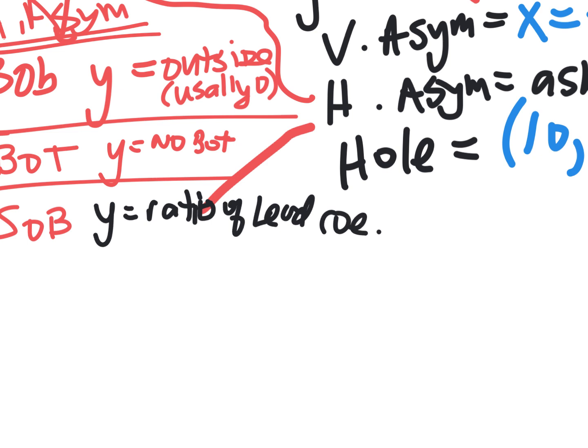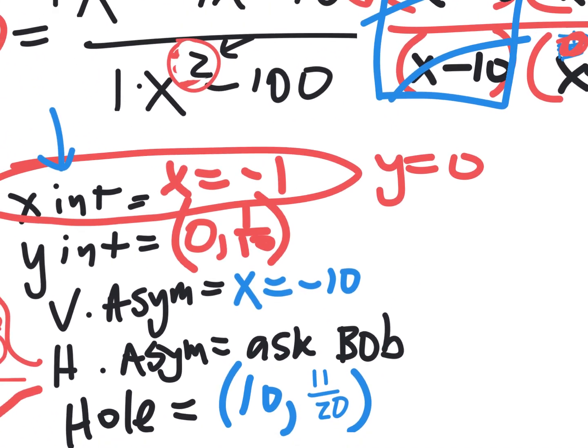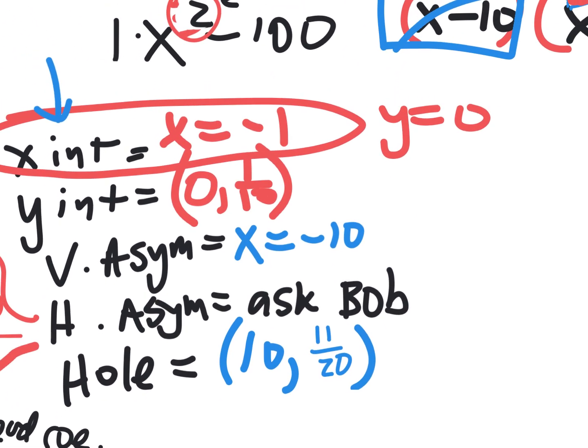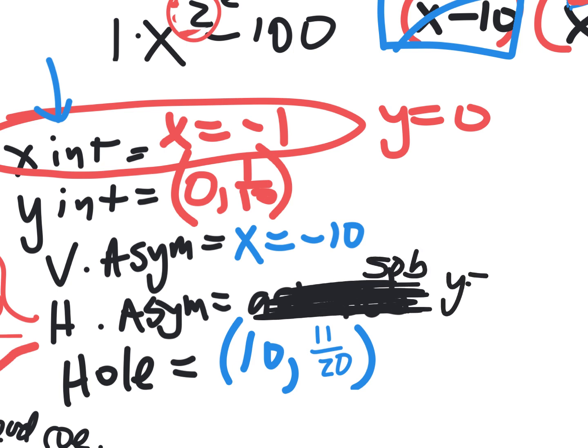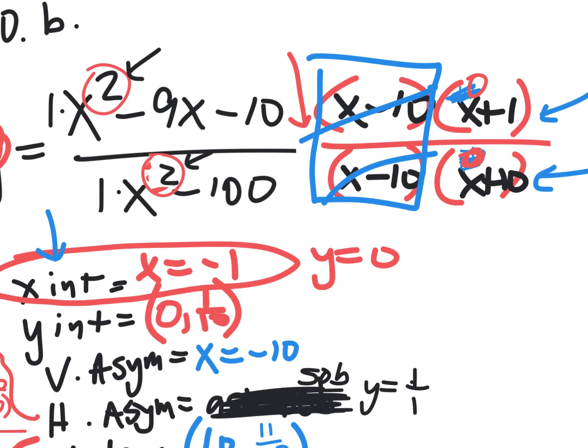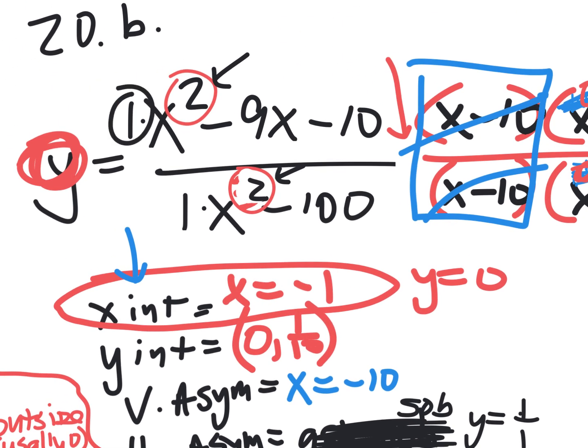In this case, that's y equals 1. So our horizontal asymptote wasn't a BOBO. Ours was a SOB. Y equals a ratio, 1 over 1 in this case. These again are called the lead coefficients.